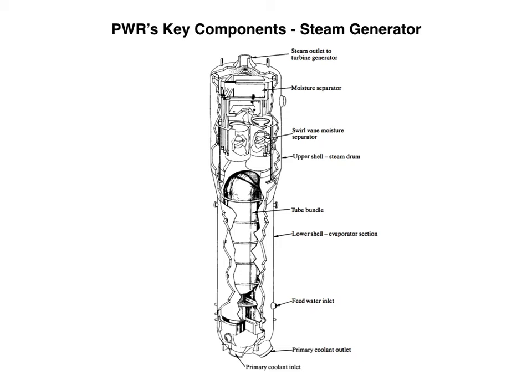The steam produced passes upward into a portion of the steam generator known as the steam drum section at about 293 degrees and 750 psi. This gives an overall efficiency of between 32% to 33% for the pressurized water reactor.